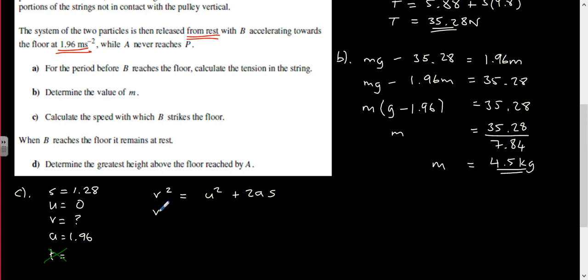Do a quick substitution. v squared equals 0 squared, which is 0, plus 2 times 1.96 for a times 1.28 for s.